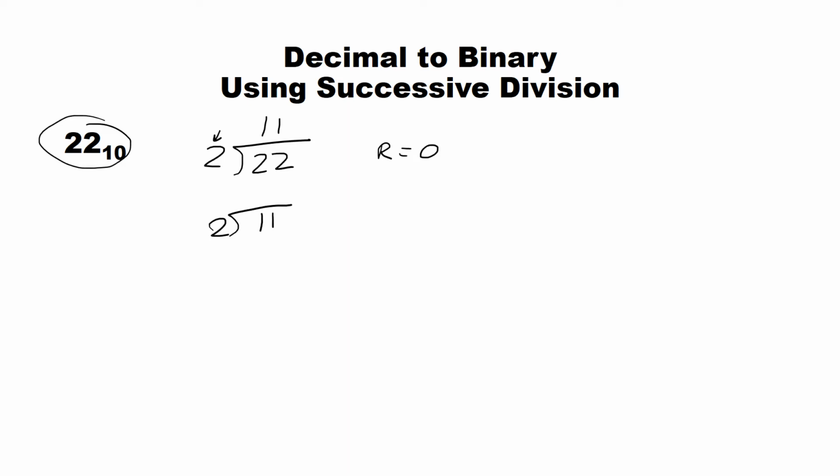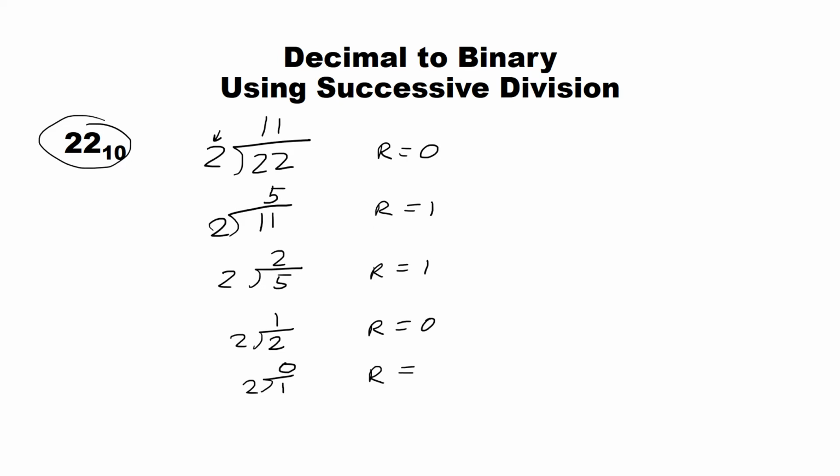2 goes into 11 5 times. Well, that gives me 10. So the remainder is 1. Now I'll divide 2 into 5. That's 2, right? 2 times 2 is 4. So again, I have a remainder of 1. 2 goes into 2 one time with 0 left over. So remainder is 0. 2 goes into 1 0 times with my remainder of 1.